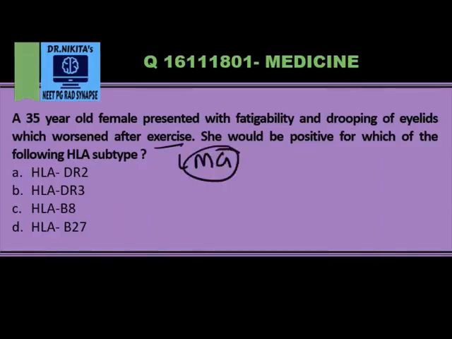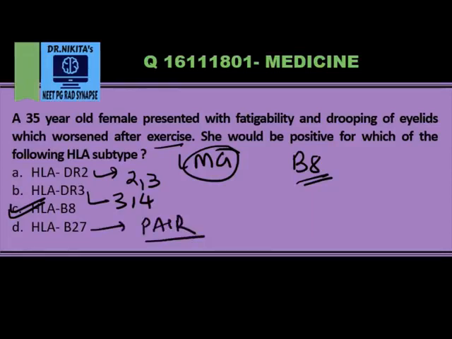So we know that myasthenia gravis, that is the grave of myasthenia in ceiling, it was a magic, that was a bet, that is B8. So it is associated with B8. DR2 we saw, 2-3 is butter free, that is SLE. 3-4 is sugar free, that is diabetes. 27 is pair, those are the spondyloarthropathies.